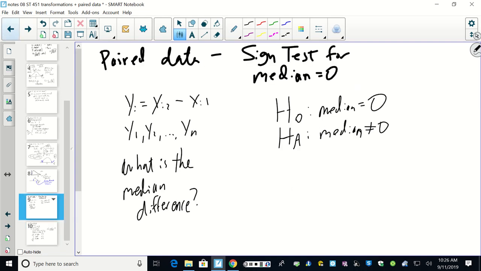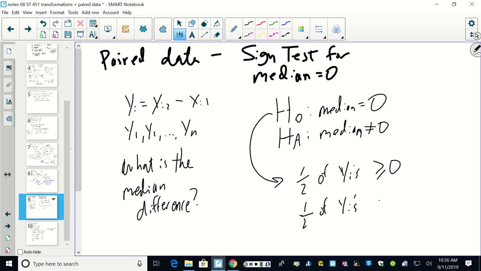So under this null hypothesis, half of the y sub i's should be greater than or equal to 0, and half of the y sub i's should be less than or equal to 0.